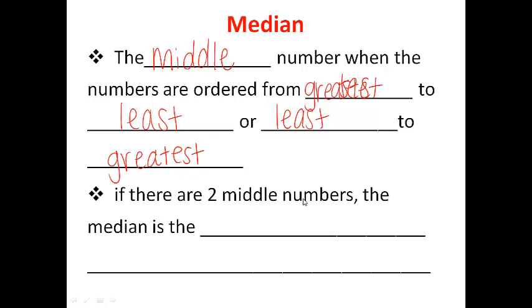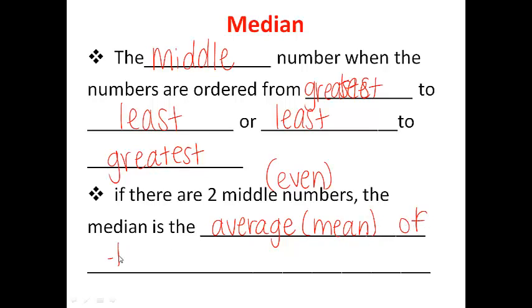If there are two middle numbers, so if you have an even set of numbers, the median is the average, or what's another word for average? The mean of the two numbers.